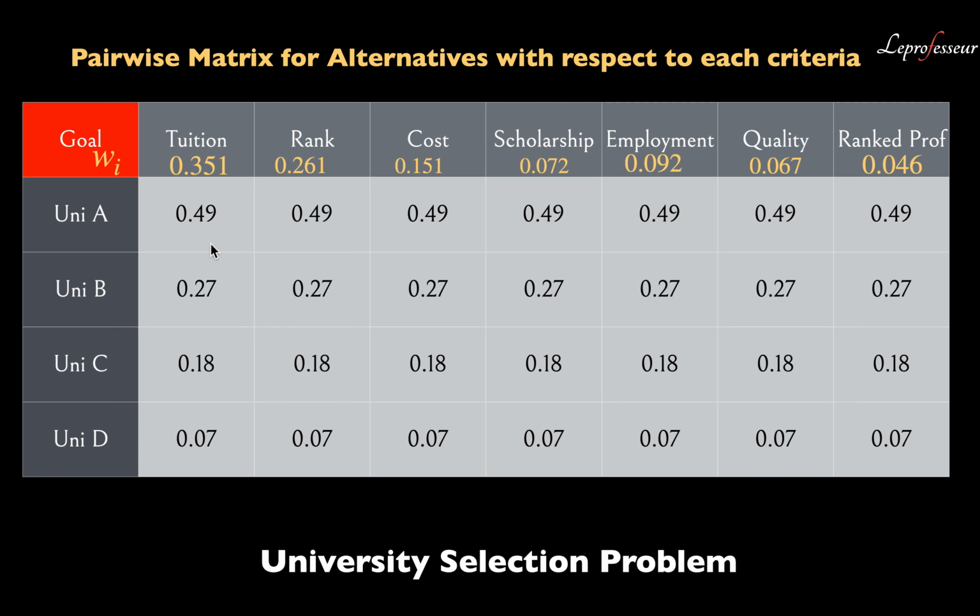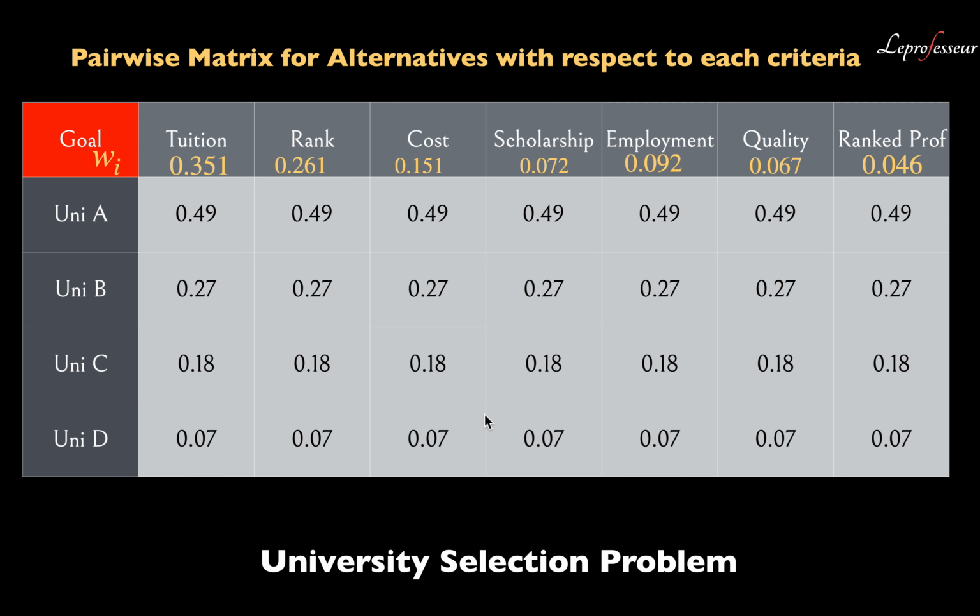So now you know all the entries: with respect to tuition, where University A, University B, University C, University D stand. With respect to rank, where they stand. With respect to cost, where they stand. So we get these entries, and we also have the weight of each criteria.